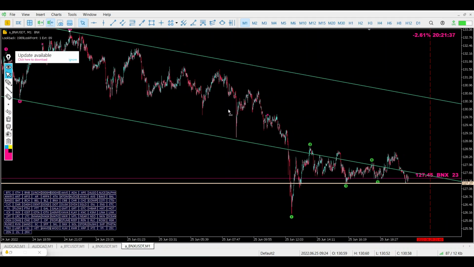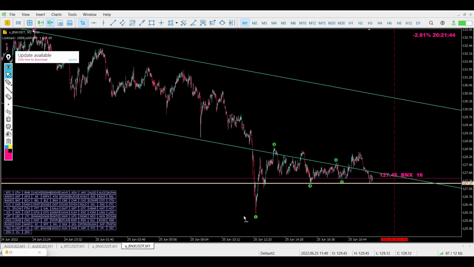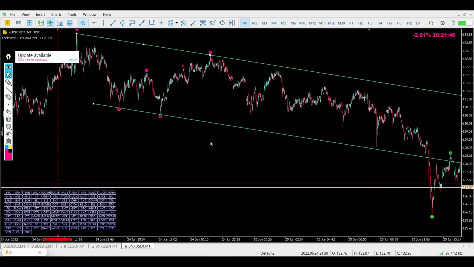Okay, so once price completes the channel breakout, we have further analysis on this topic.